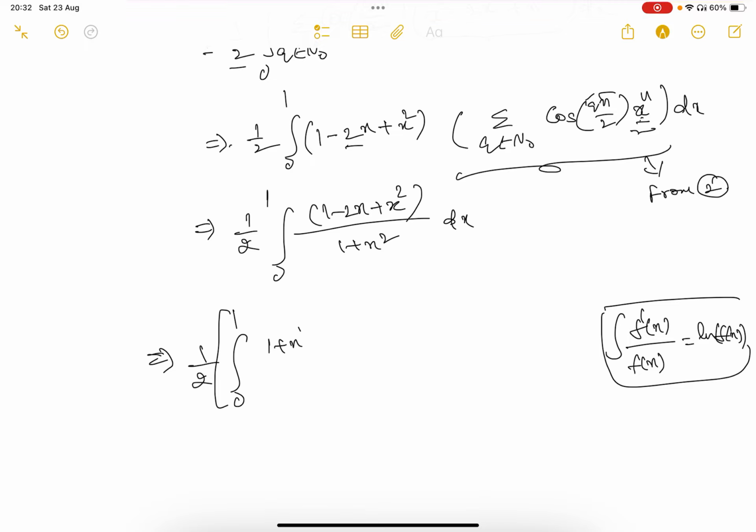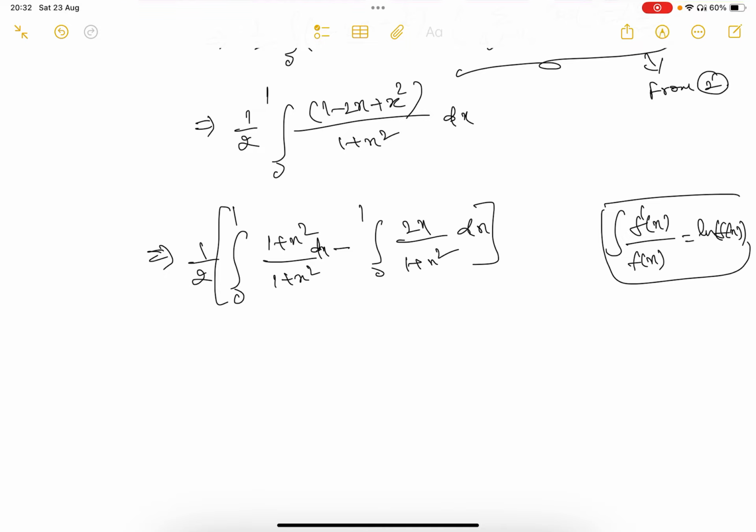Let's write it here. 1 plus x square by 1 plus x square minus integral 0 to 1 2x by 1 plus x square dx. This is 1 by 2 into, this case dx, right? This will be x, then substitute 1 minus 0.